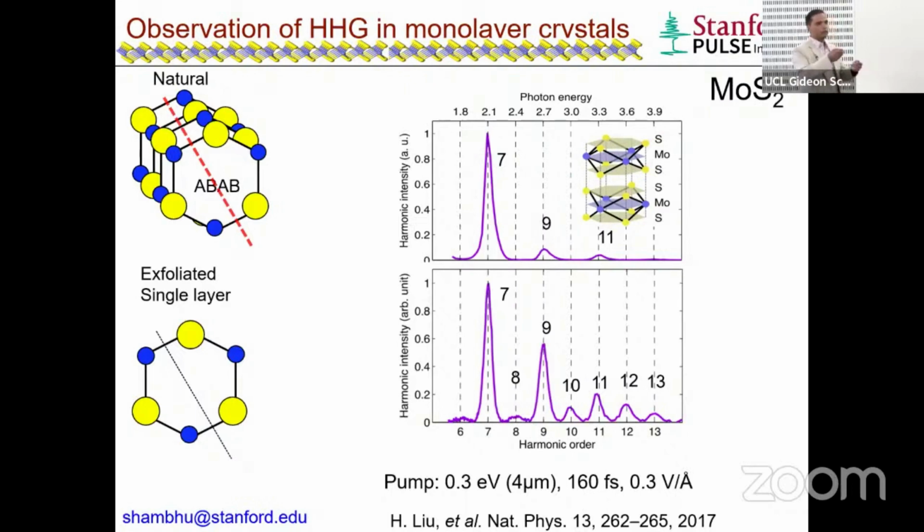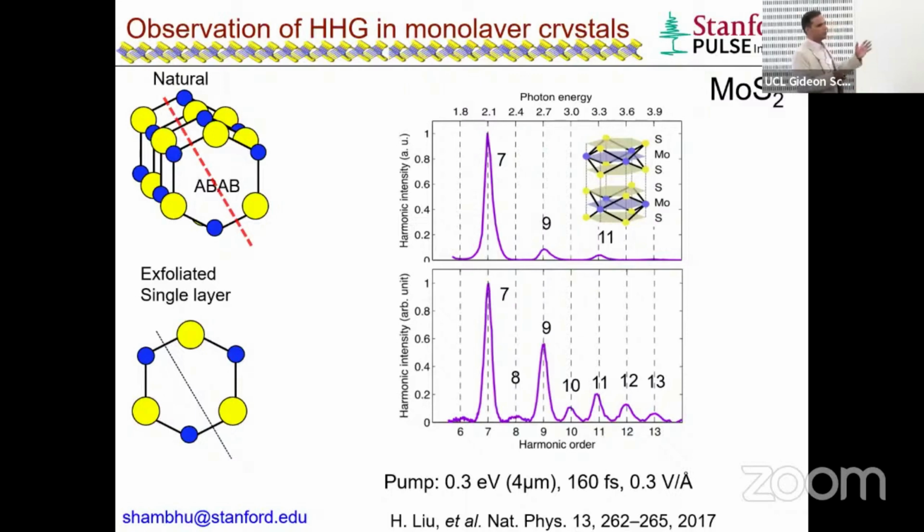But when you peel out just one single layer, as shown here, there are orientations where you break the inversion symmetry. For example, in this orientation, in addition to these odd harmonics, you measure both even and odd order harmonics.